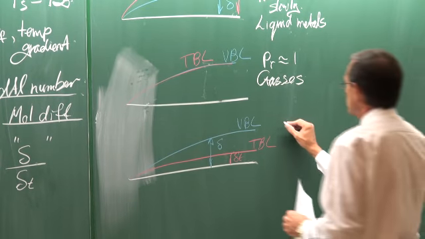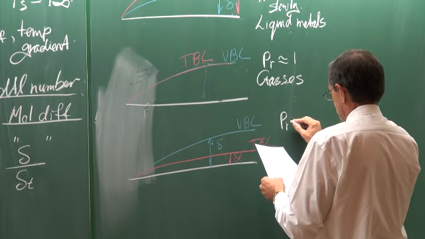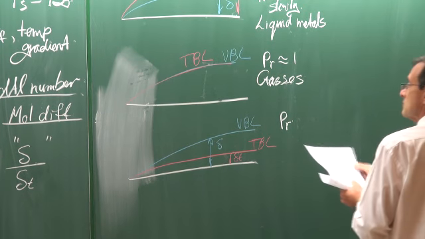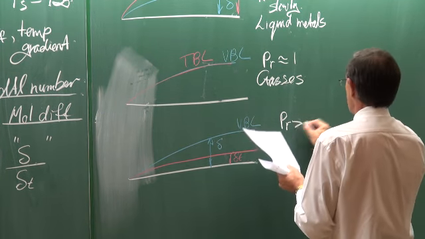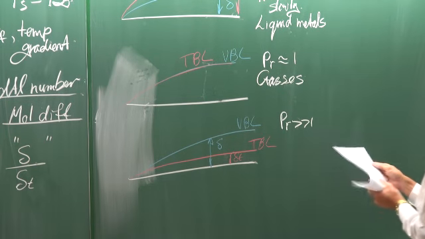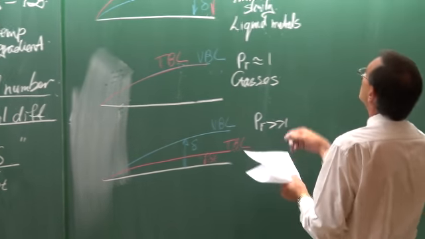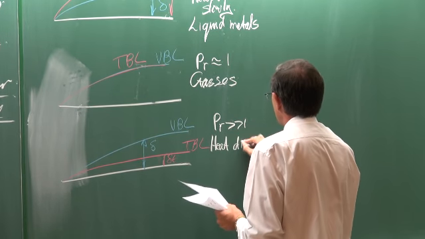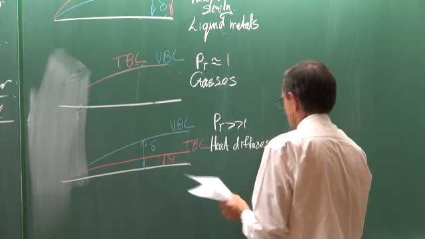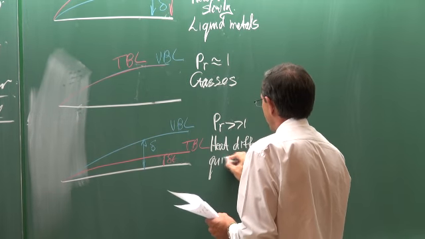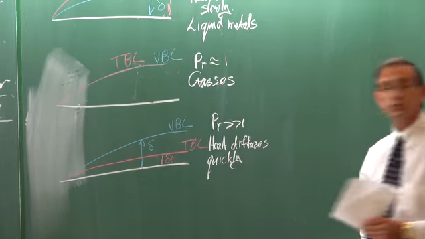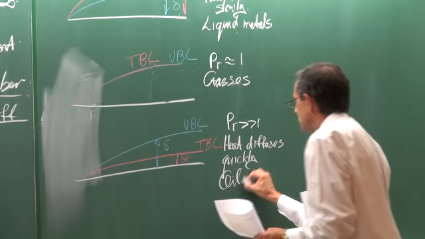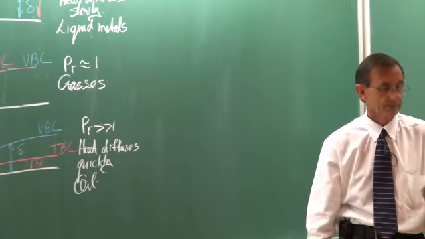So for this one, the Prandtl number is larger than 1, and now the heat diffuses quickly. The heat would diffuse very quickly, and oils would typically fall into this category.